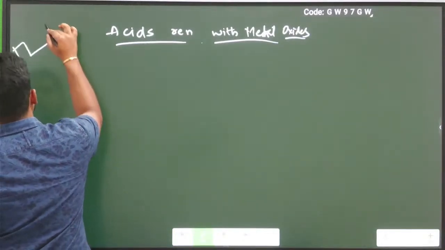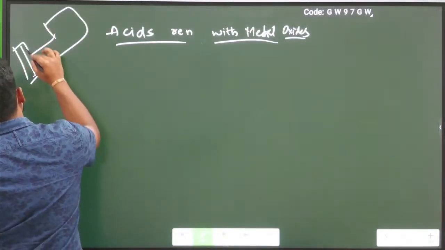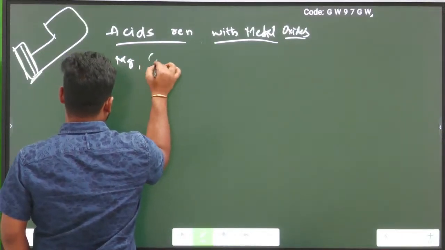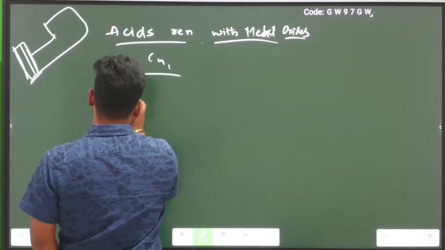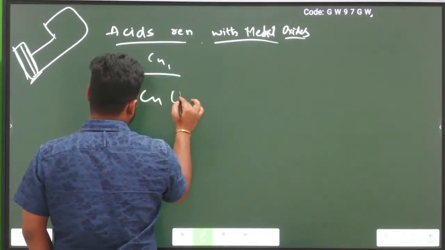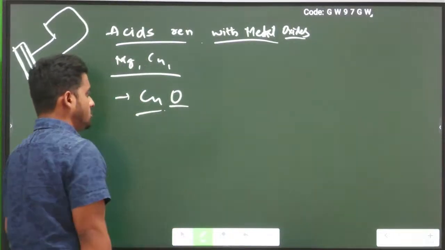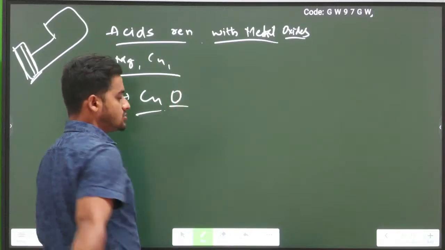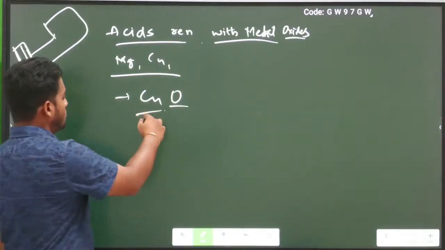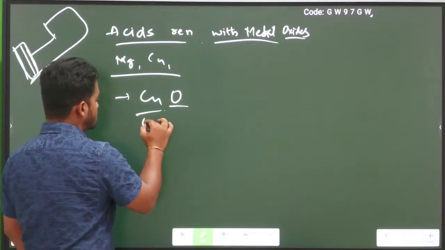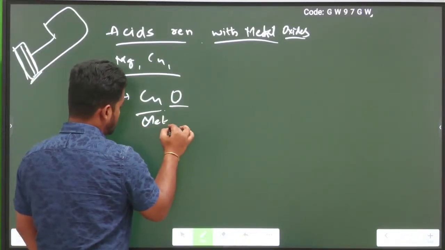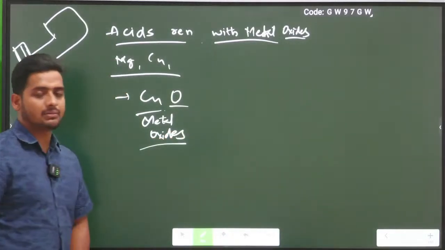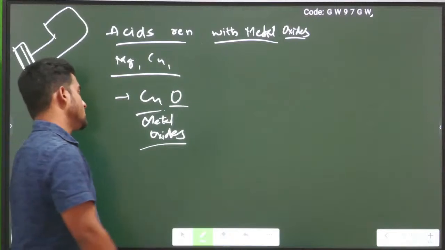If you take the periodic table, in this we find these metals, like magnesium, copper and so on. If this copper is combined with oxide, what is this combination called? Metal with oxide is called metal oxide.